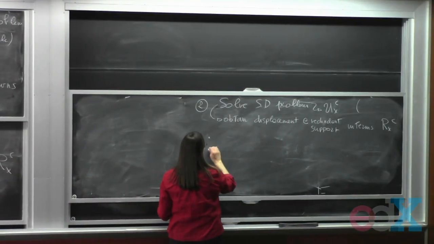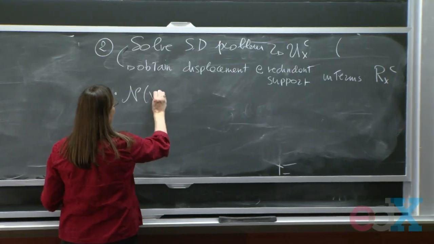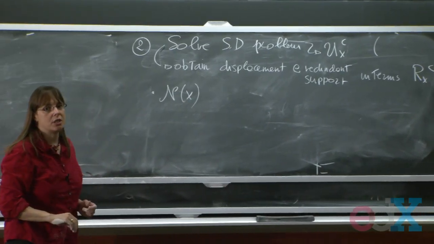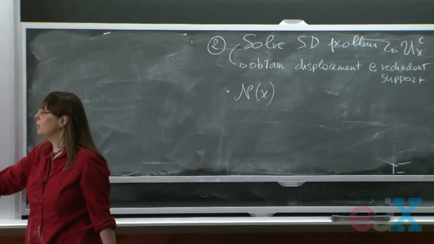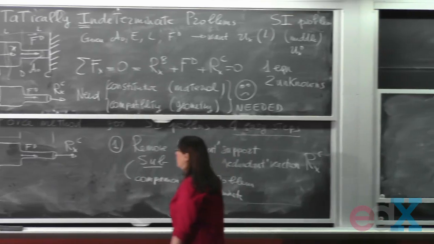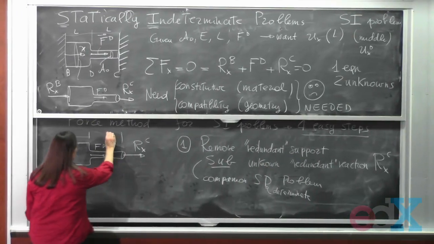So the first thing that I do, I need to find N of X. And I'm not even going to plot the forces because, I mean, there is only one force. So when I find N of X, I'm going to do two things.